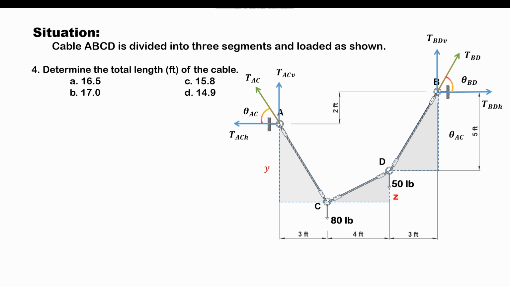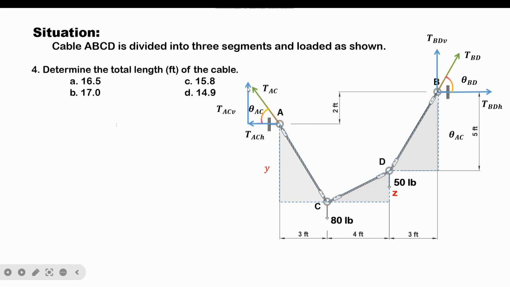Our objective first here is to compute for the values of these variables. But first, may I transform this component representation of the resultant reaction at joint A into its triangle force representation. If we do that, we will come up with this representation with this component as the horizontal and this component as the vertical. From this representation, we again form a right triangle. Let me first present the summary of the components of the resultant reaction, or basically the tension in segment AC.